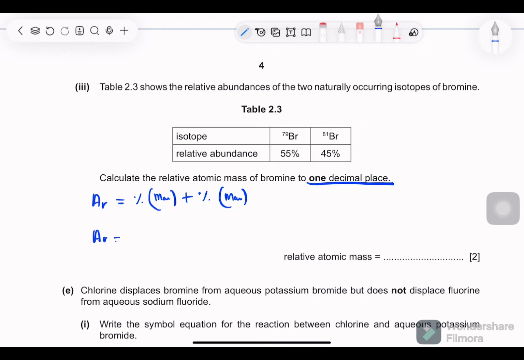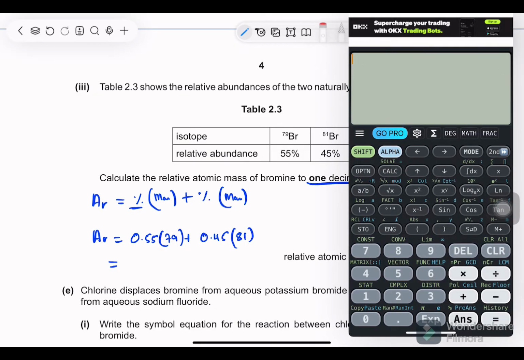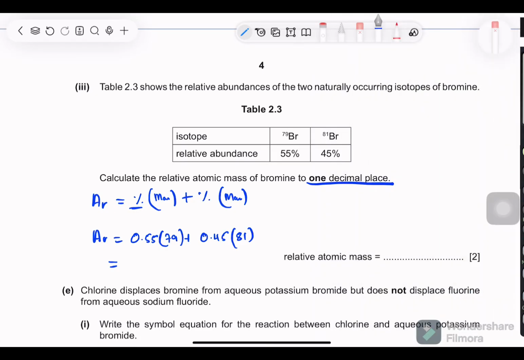So Ar will be, percentage basically means divided by 100, so we divide 55 by 100, which will give us 0.55 times the mass, which is 79, plus 0.45, the mass is 81. You can just calculate it to get the relative atomic mass: 0.55 times 79 plus 0.45 times 81, which is 79.9. Now, as we have to write to one decimal place, this will be our final answer.